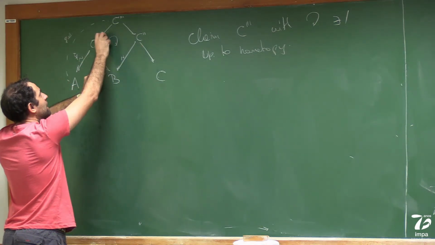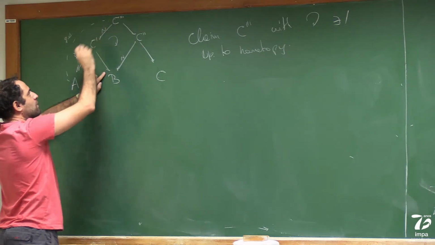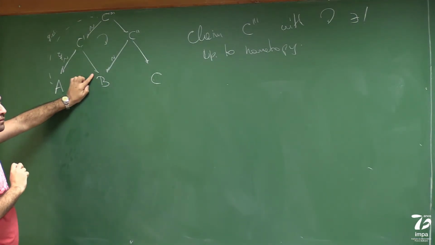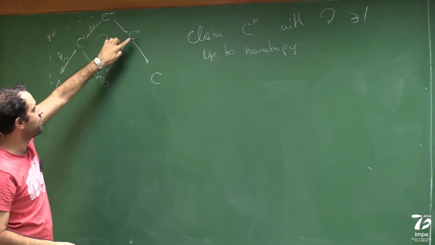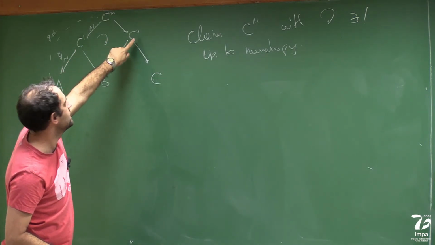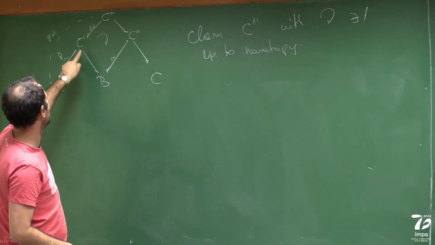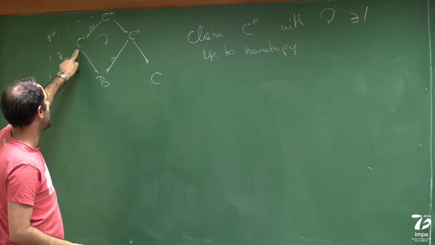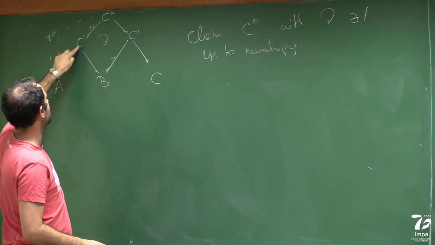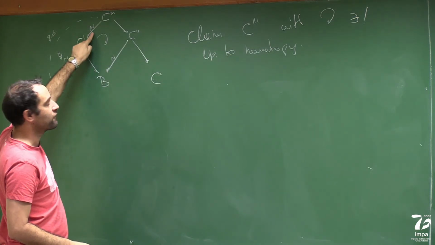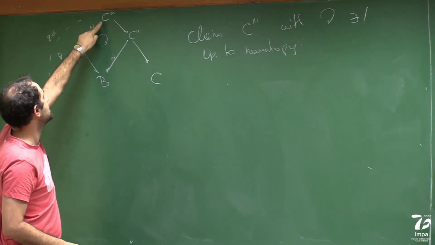So the little lemma says that this guy exists and it's a quasi-isomorphism. The lemma we just proved, applied to the case where this is A, this is B, and this is C, says that I have some D mapping to C, which is a quasi-isomorphism, and that this guy is unique.